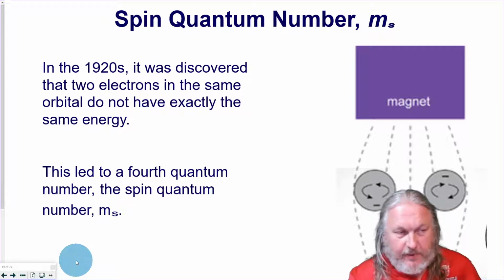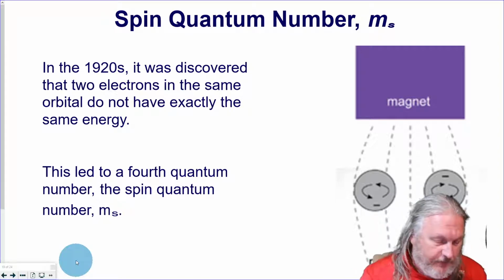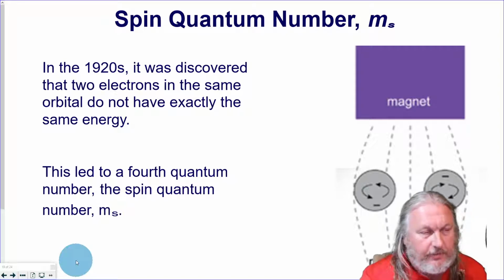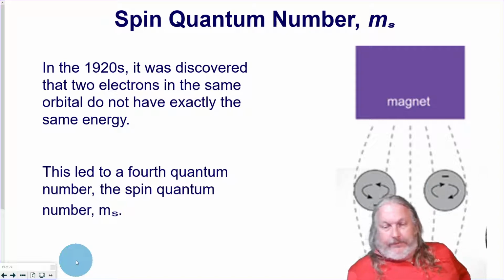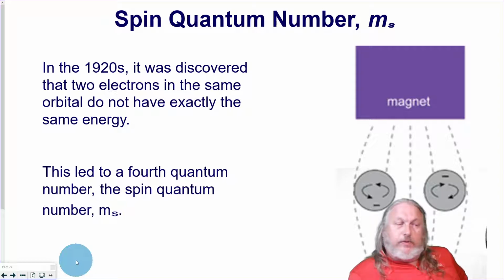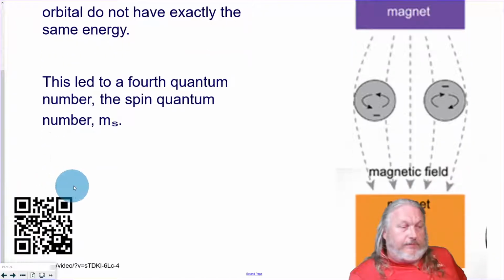So we've talked about the N number, the principal quantum number. We've talked about the angular number, L, and the magnetic number, ML. The last quantum number is the MS, or the spin quantum number. In 1920, it was discovered that 2 electrons in the same orbital do not have exactly the same energy, though they are electrons. So this led to the 4th quantum number, the spin quantum number.